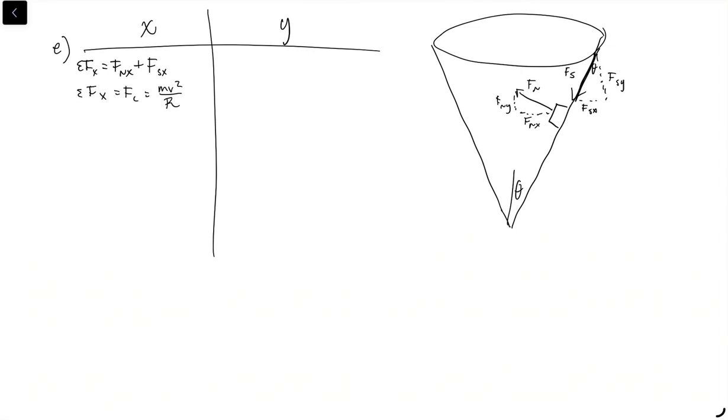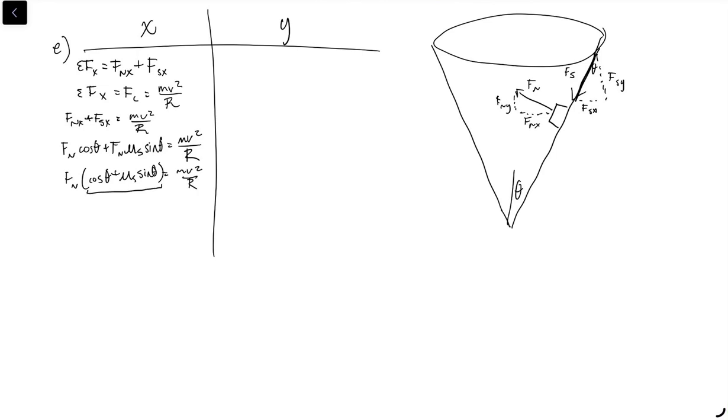And then what we can do is set them as equal to each other. And then expand this into Fn cosine theta plus Fn mu s sine theta. Then we can take out Fn. And then I can multiply this, or divide this, to isolate for Fn.